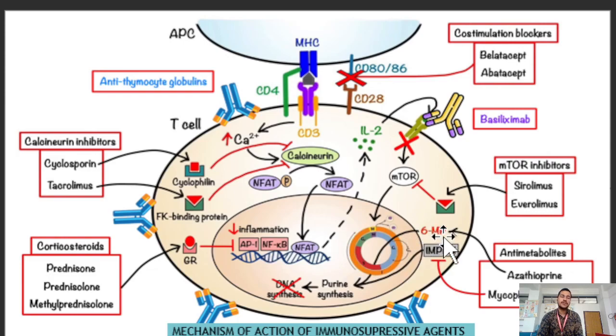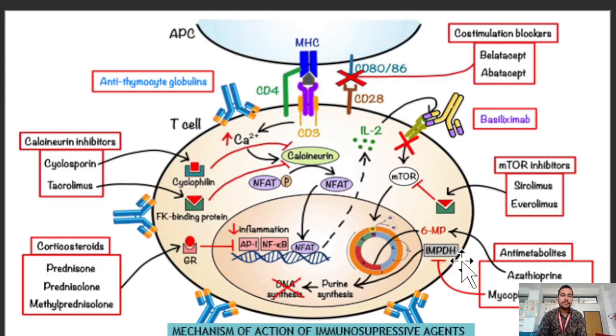This 6-mercaptopurine is also used during cancer, so it is also called an anti-cancer drug. While mycophenolate mofetil will convert into this IMPDH inhibitor and then inhibit DNA synthesis. So the main target of anti-metabolites is to inhibit DNA synthesis and to stop the proliferation of T cells.